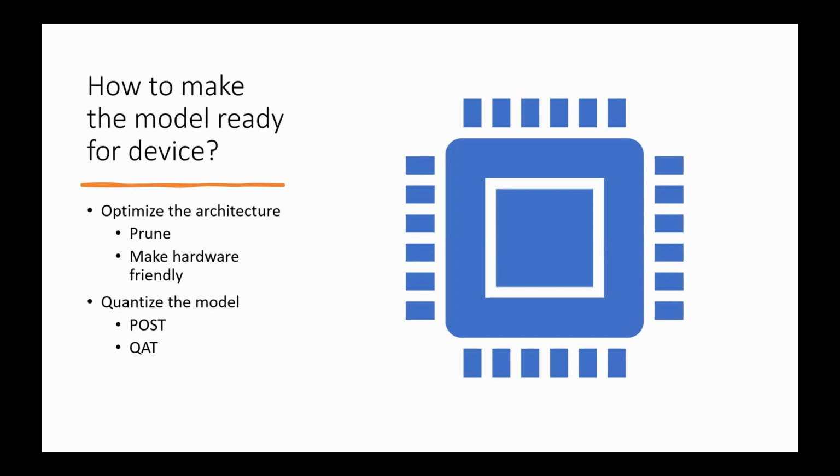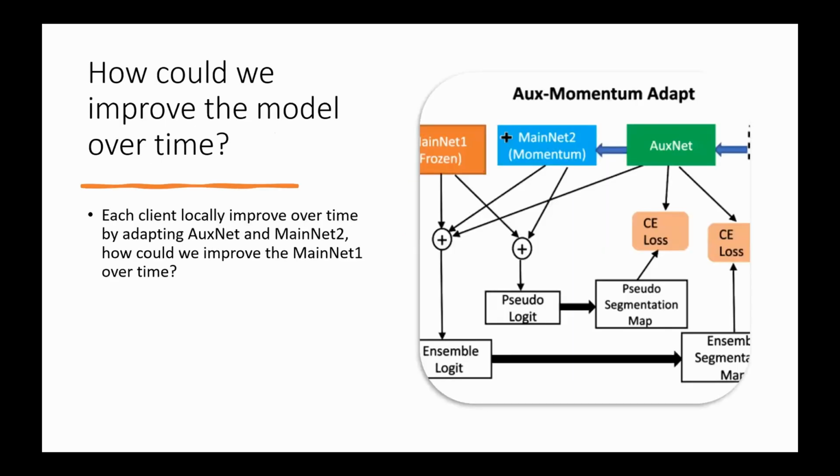So as I have now made these models friendly to the device, I deploy them. But then the big question remains: how could we improve the model over time? Let's say now I have this semantic segmentation in my vehicle.